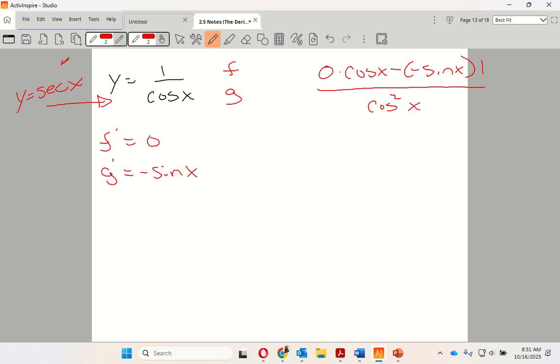Negative negative makes that a positive. So you get a positive sine x over cosine squared x.